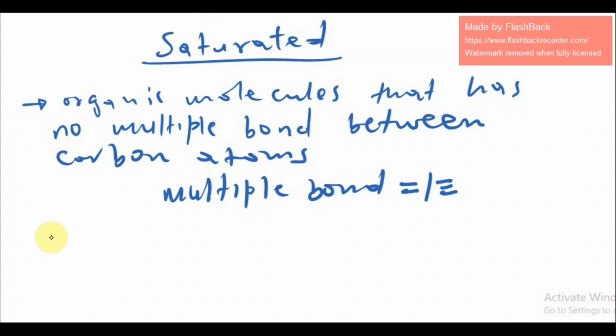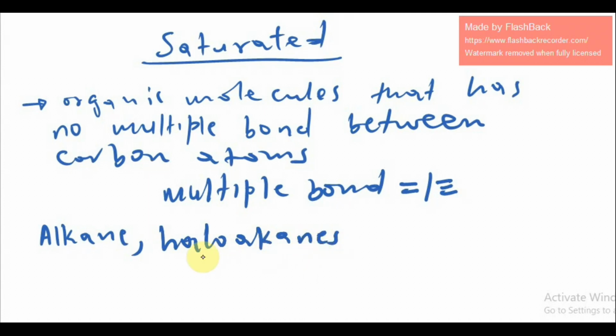For example, alkanes have no multiple bond between carbon atoms. They have a single bond between carbon atoms. Haloalkanes have a single bond between carbon atoms.